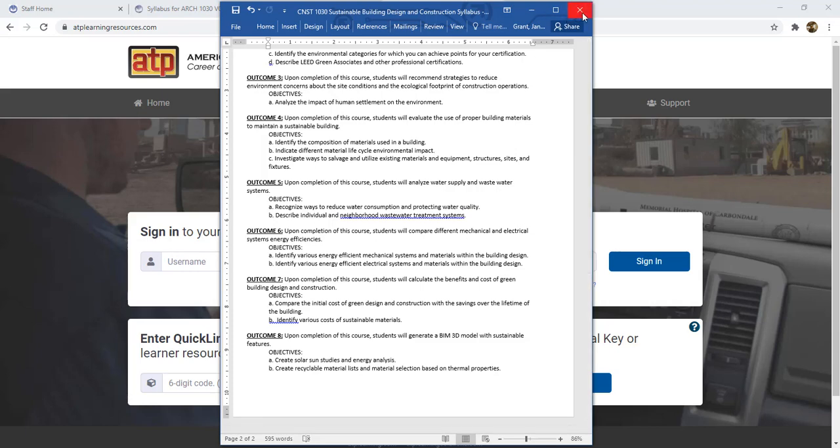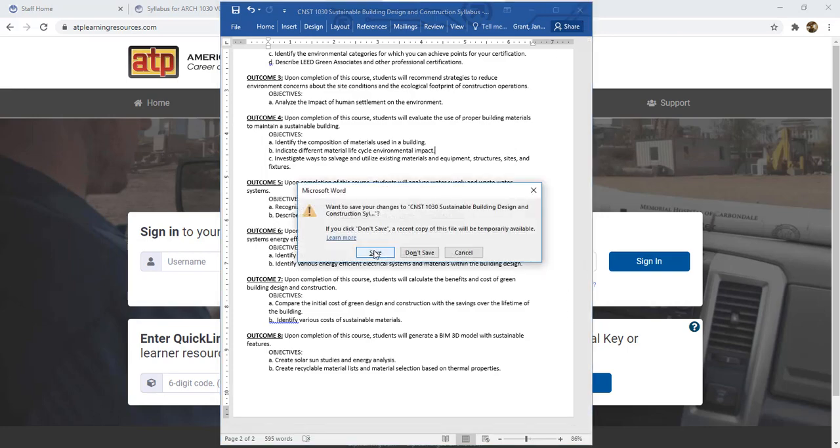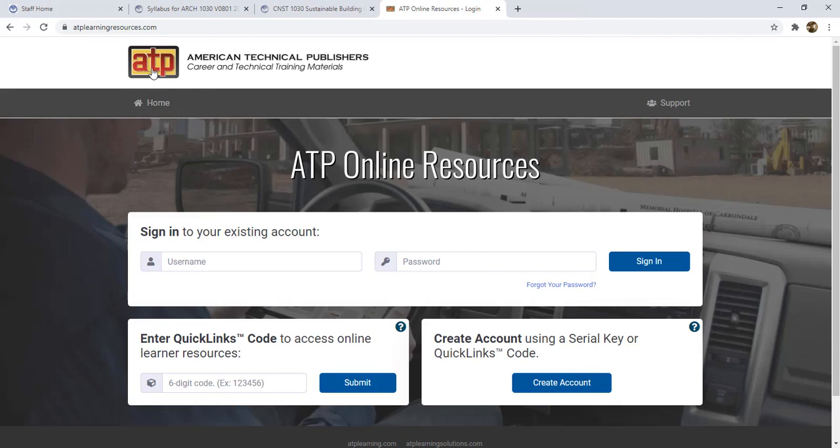Okay, the book that we're using here is from the ATP, American Technical Publisher, and if you look at the inside cover, maybe 10 pages in, you'll see the digital resources that we can access.